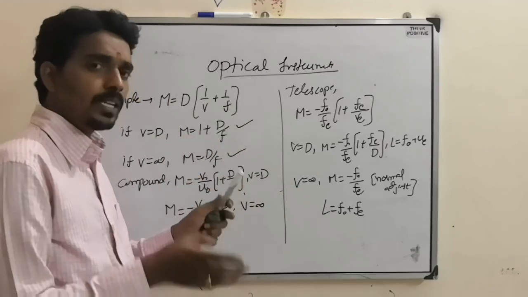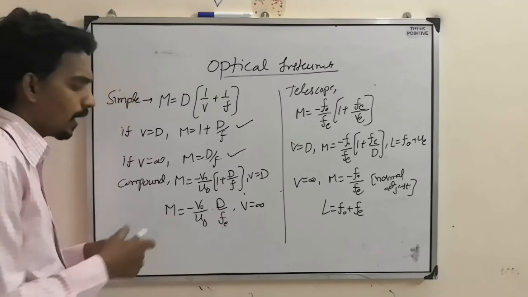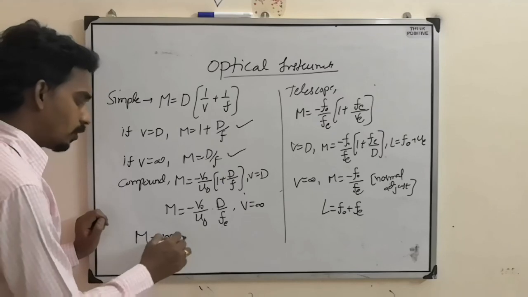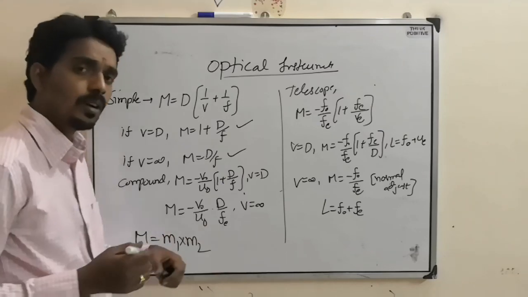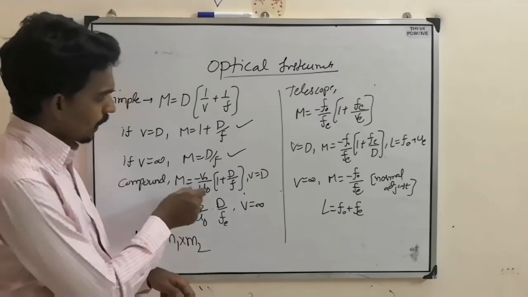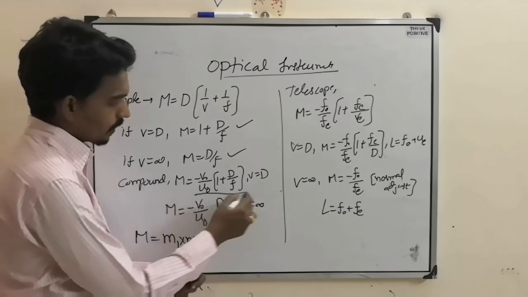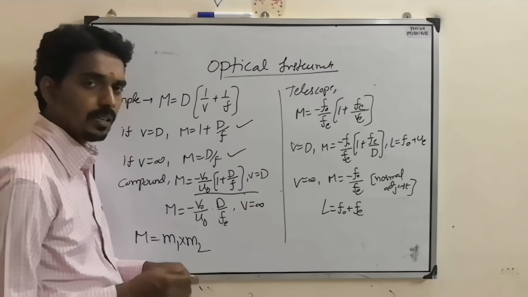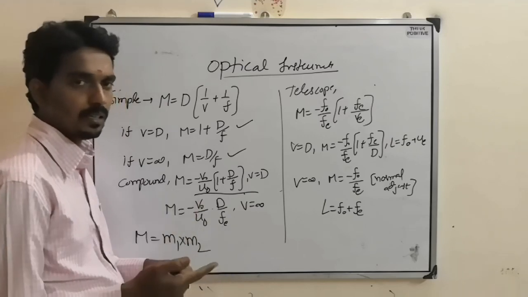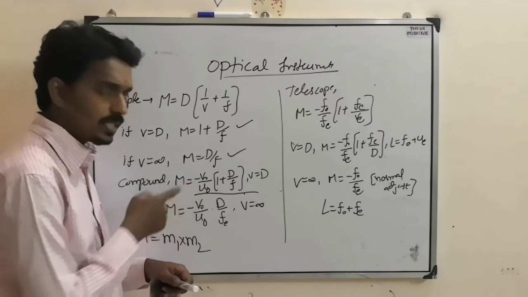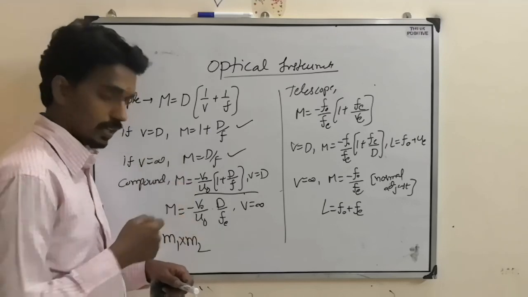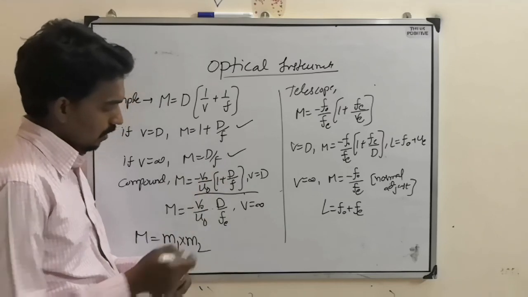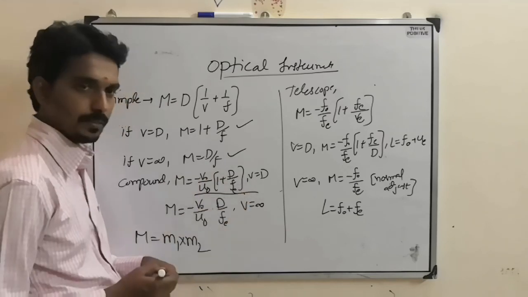So twice magnification happens, and the final magnification is magnification due to objective times magnification due to eyepiece, so the final formula comes like this, where V0 is the distance of the image after first refraction for the objective, U0 is the distance of the object for the objective, and here F is the focal length of the eyepiece.